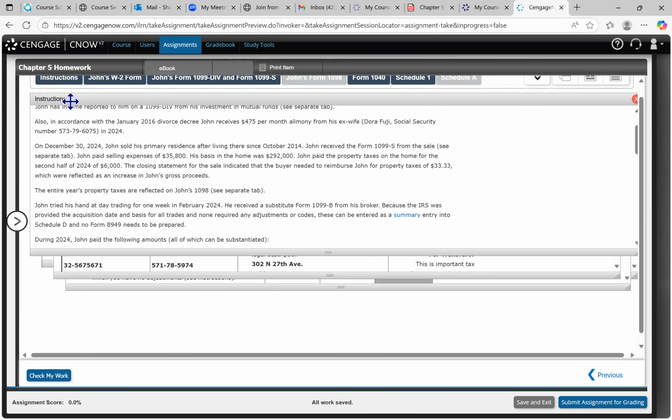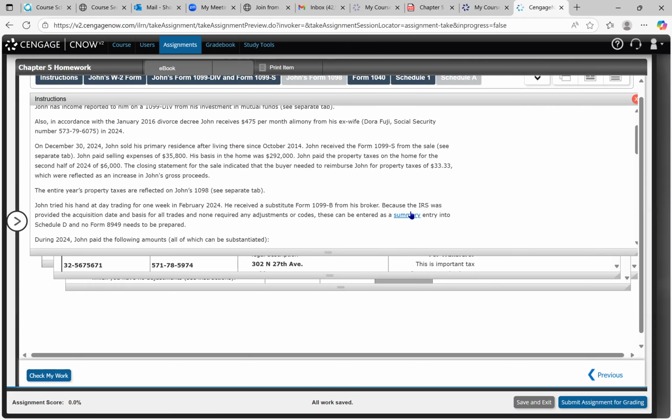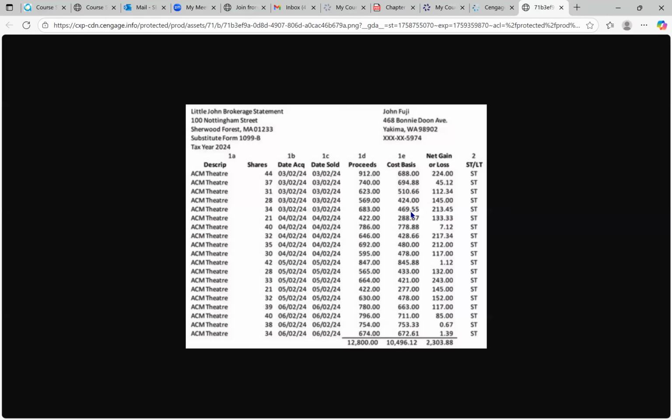So do we have a 1099-B form here? That's the dividend form, 1099-S. Summary entry. Okay, so here's the proceeds.